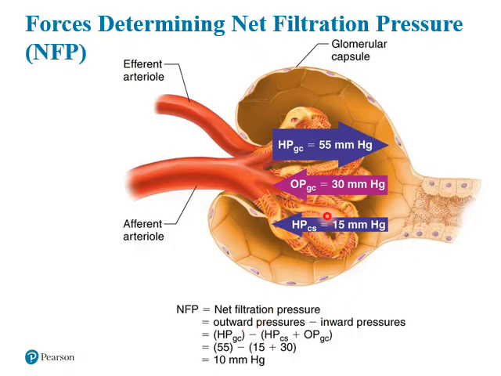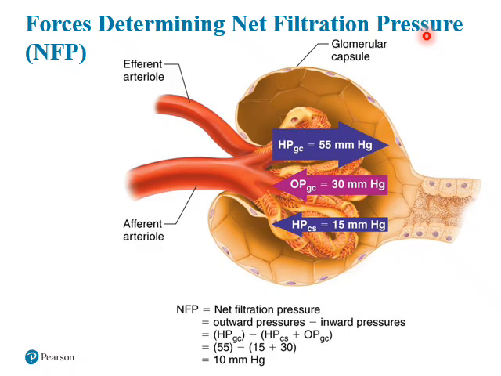It is preventing the loss of water and so many things from the blood, and it is a very strong pull, about 30 millimeters of mercury. So these two are going to be resisting the hydrostatic pressure that moves water into the tubules. These two forces here are the inward forces that would prevent the formation of the filtrate.